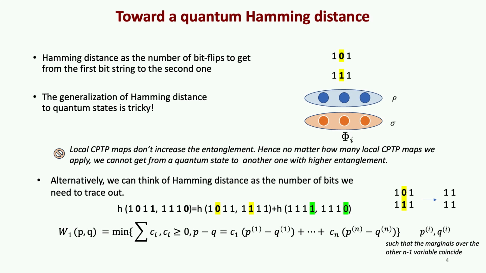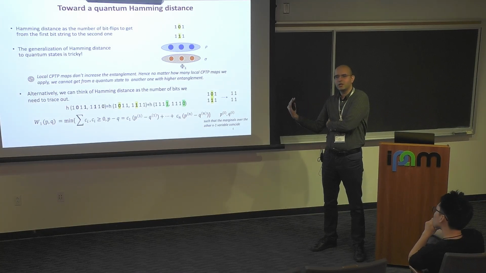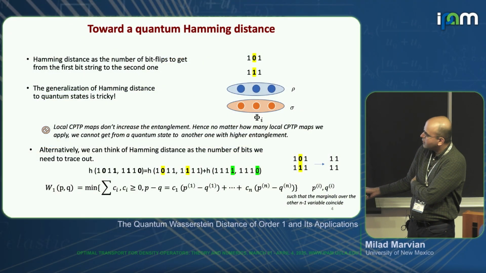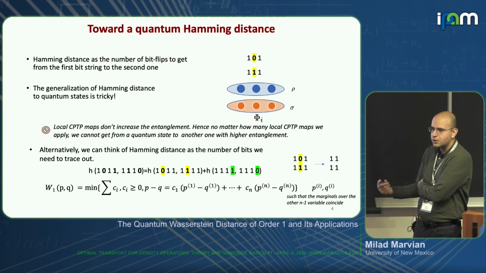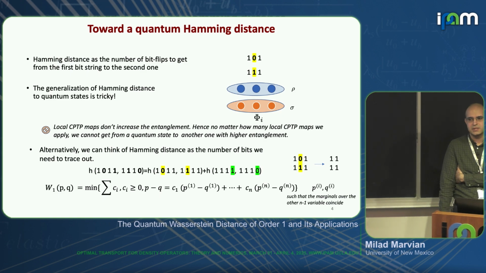They are close to each other in the sense that if I trace out one of the variables and look at the marginals on the remaining n-1 variables, those are exactly the same. And I ask, what's the best decomposition I can have? That gives me a continuous version of this picture, and you can show that that's one way of thinking about the classical W1 distance.